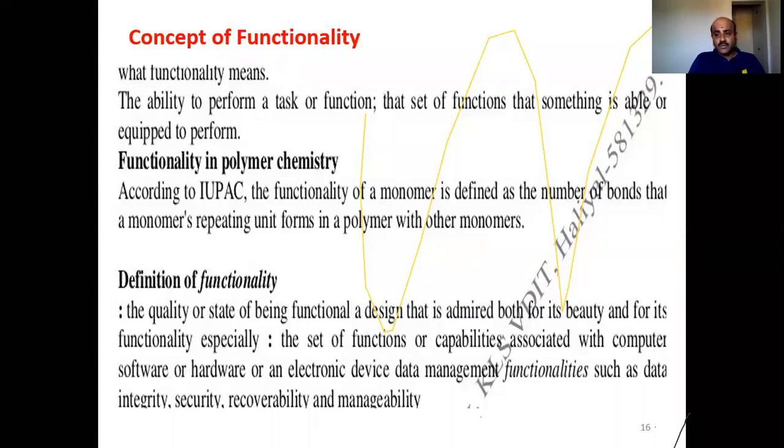When it comes to the word functionality, it can be defined in different capacities, but what we are interested in here is functionality in polymer chemistry. So they define the functionality of a monomer as the number of bonds that the monomer's repeating unit forms in a polymer with other monomers.